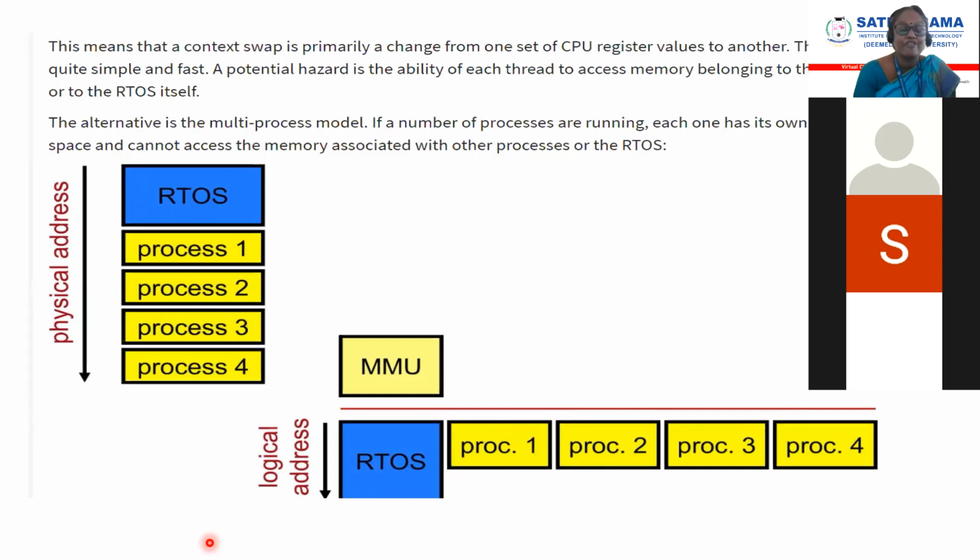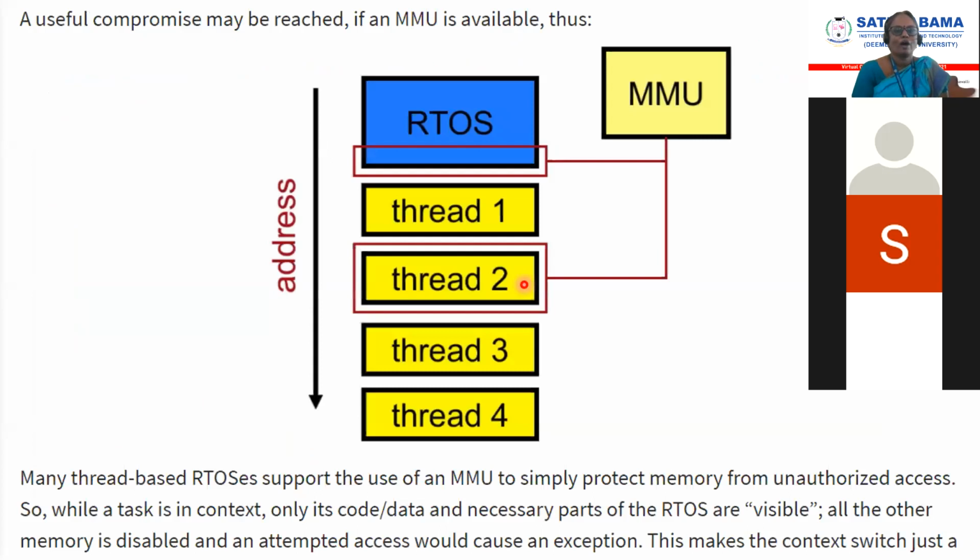The memory management unit comes into the picture because each process runs in different memory, with different physical addresses. Using my RTOS with threads, the memory management unit protects the memory when there is unauthorized access. Threads share the same physical address, but processes have different physical addresses.